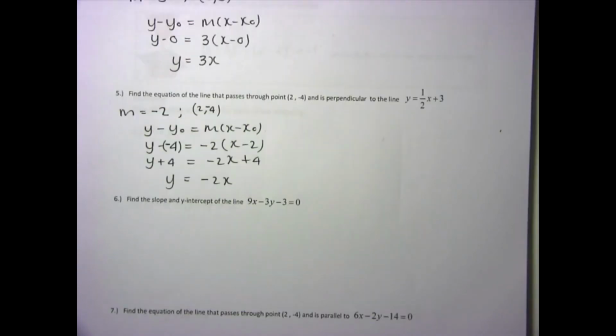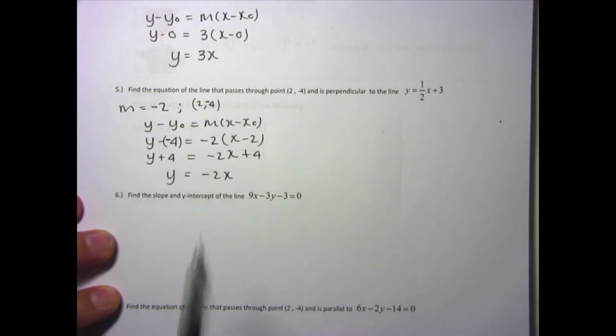All right, number 6. We would like to find the slope and the y-intercept of the line 9x minus 3y minus 3 equal to 0. All right. So again, that slope-intercept form is going to be the best way to do this, because once I have it in slope-intercept form, you can simply read off the slope and the intercept, right? So this means we need to solve for y.